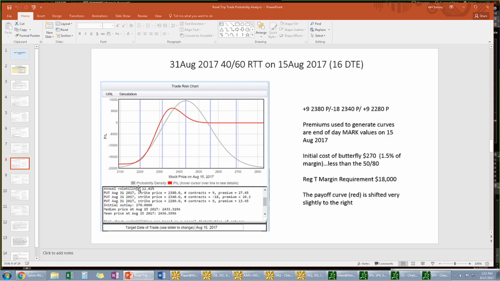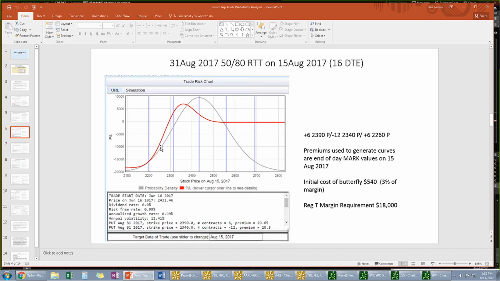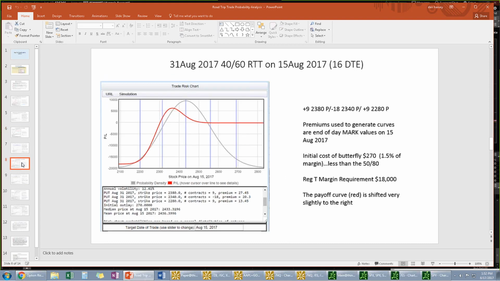And now when you come down here, it's a little bit on the inside. And if you go to, we'll say, the 2250 area, this is where the payoff curve is. And when you come down here and go to the 2250 area, very, very subtly shifted to the right.